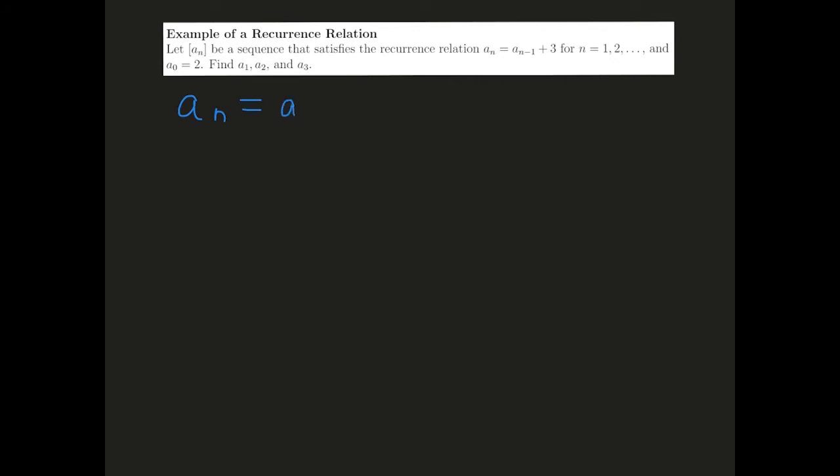So just going to write this down. a_n is equal to a_(n-1) plus 3, as long as n is an integer greater than or equal to 1. So a_0 is given as 2, it's part of the problem, and then a_1, this is when I start using that recurrence relation. a_1 is going to be a_0 plus 3, because a_n is defined as a_(n-1) plus 3.